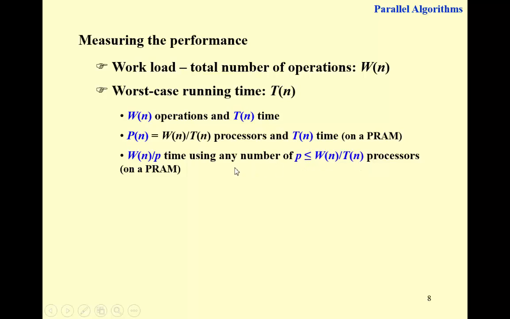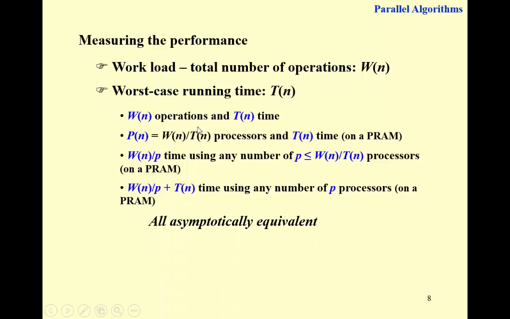That is, if we use fewer processors, how much time will it take? Or W over P, that gives the required time with probably fewer or more processors, plus the worst case runtime, which is the number of rounds. And all these are asymptotically equivalent.